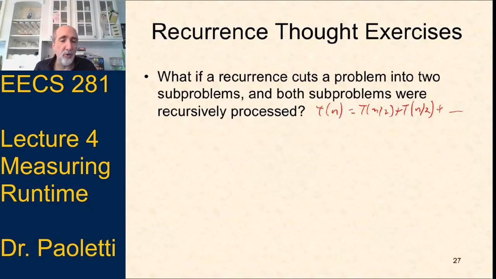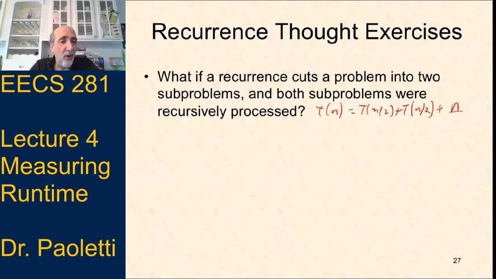So that would be equal to 2T of n over 2. What if it cuts it into 3 parts and processes 1 or 2 or 3? What if the work after the recursion was not constant? What if this was like n over here? Then we'd have to do all of these by hand.